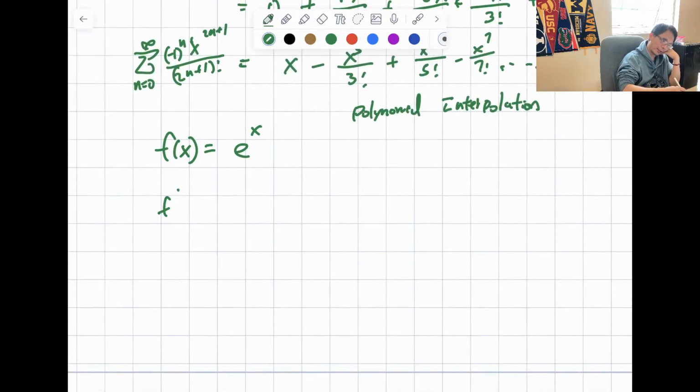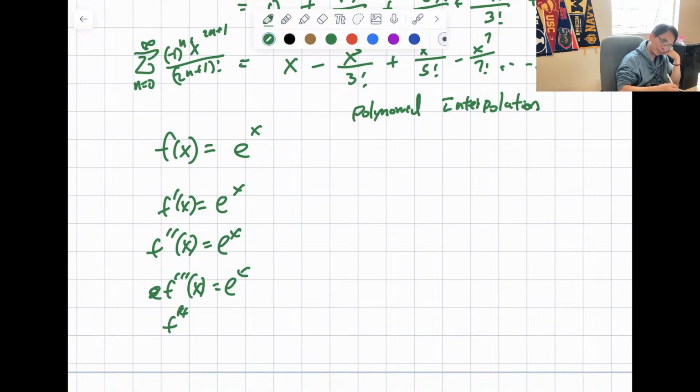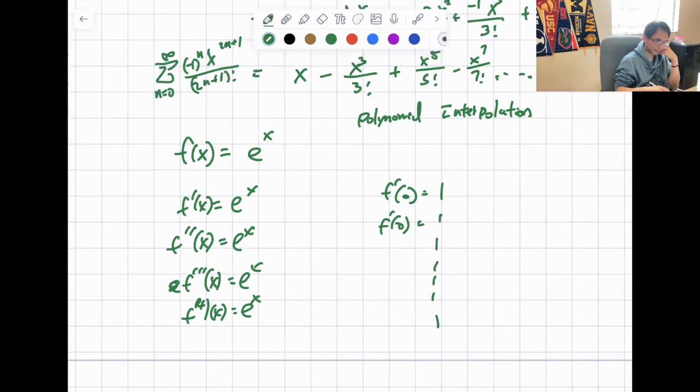This is so hard. First derivative, e to the x. Second derivative, e to the x. Third derivative, e to the x. Fourth derivative, e to the x. f prime of 0 is what? 1? It's all 1, right?